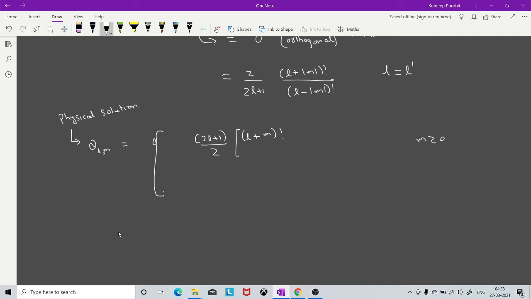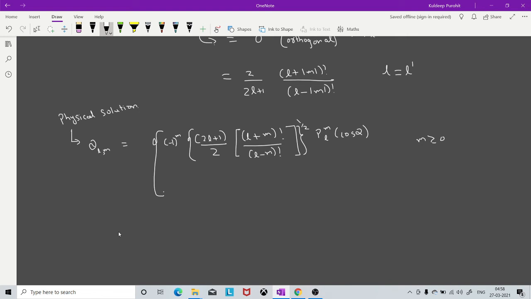And P_L m cos theta is nothing but the associated Legendre function, and there is a conventional way of writing a phase factor also, which is equal to minus 1 raised to m.